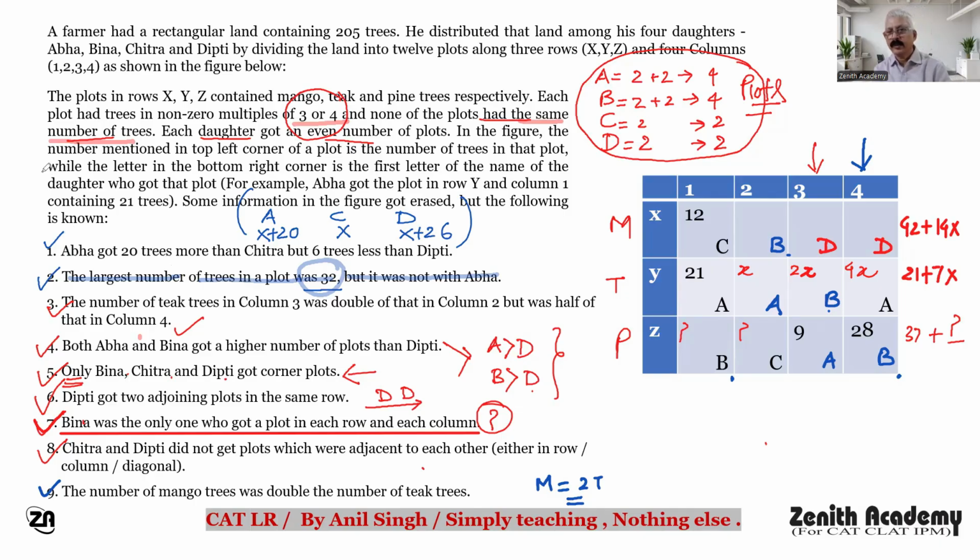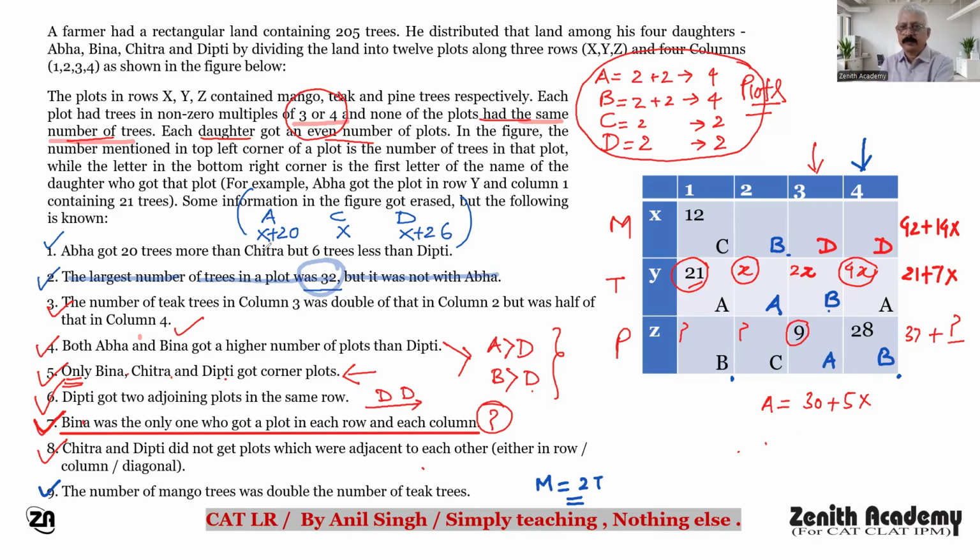One point we can discuss here, like Abha: it is 21 plus x plus 9 and 4x. So 21 plus 9 is 30, so 30 plus 5x. So the number of trees with Abha is 30 plus 5x.